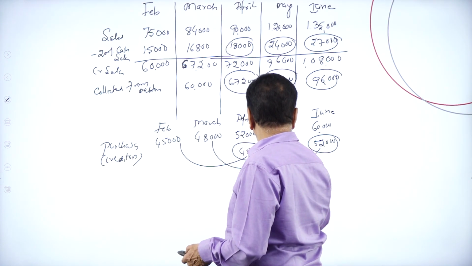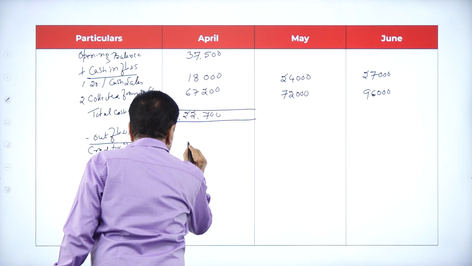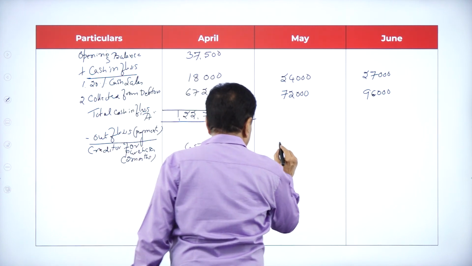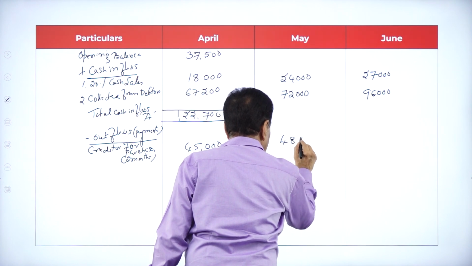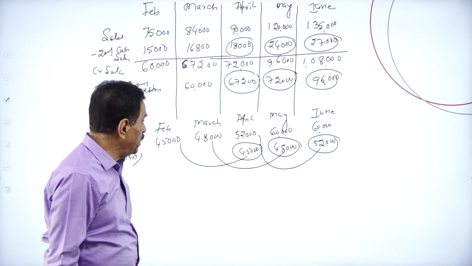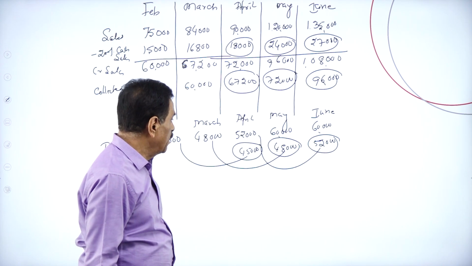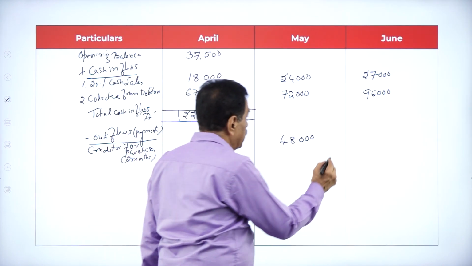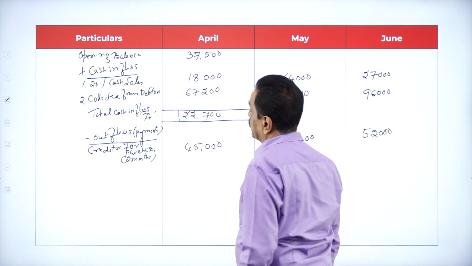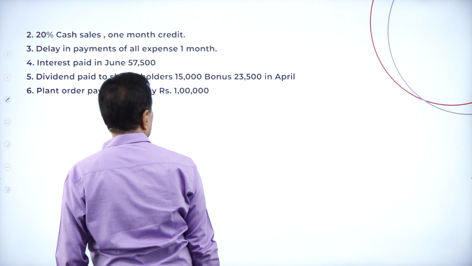So 45,000, 48,000, 52,000. 45, 48, 52,000. This is purchases. Then delay in payment, all expenses 1 month.